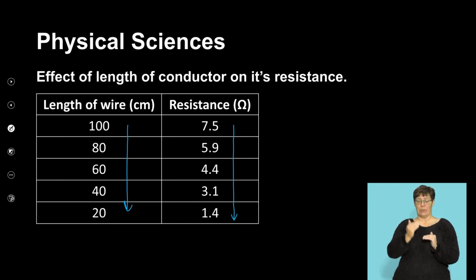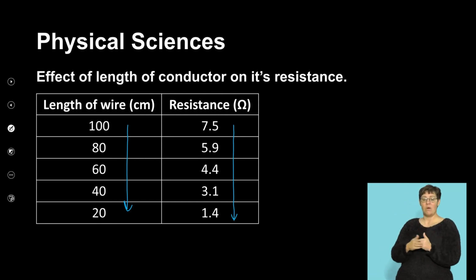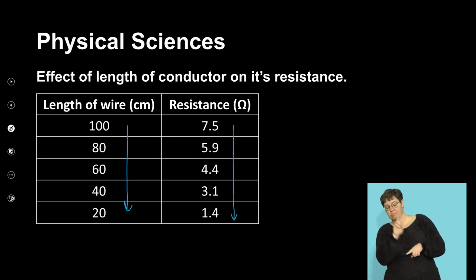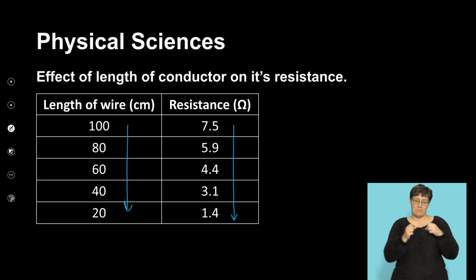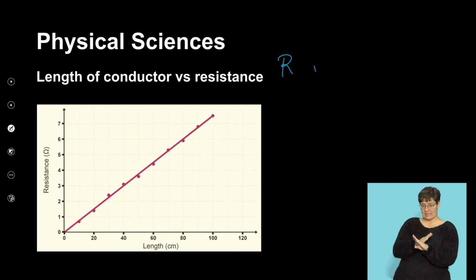So can we safely say that if we increase the length of the wire, the resistance will also increase? This data is saying the same. Most probably this data was obtained from an actual experiment using the same type of material. The only thing that was varied was the length of the wire. So this is the data: we have resistance versus length.